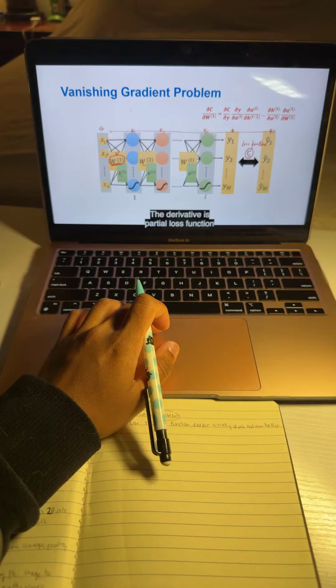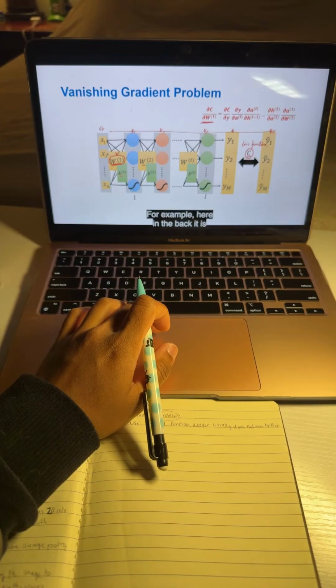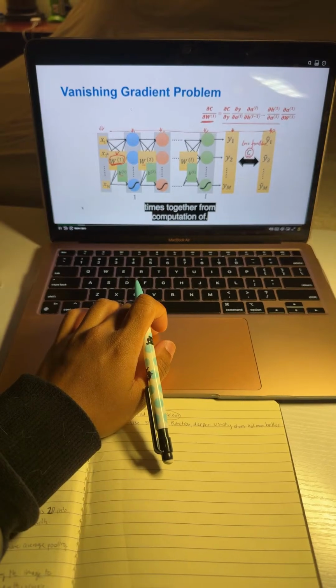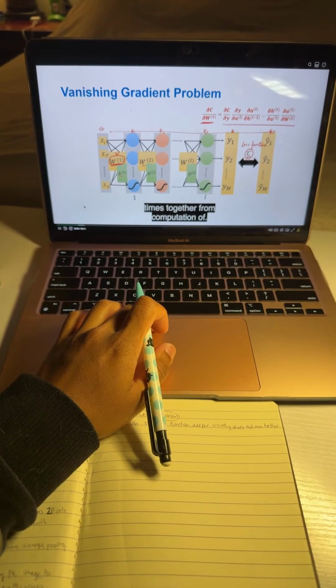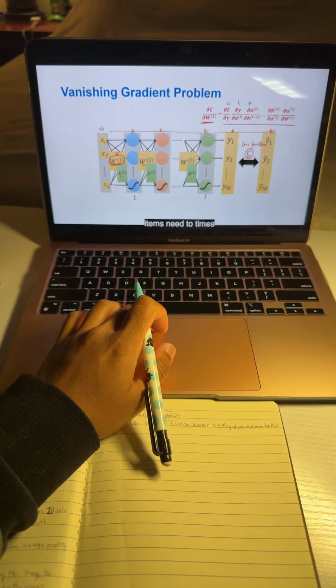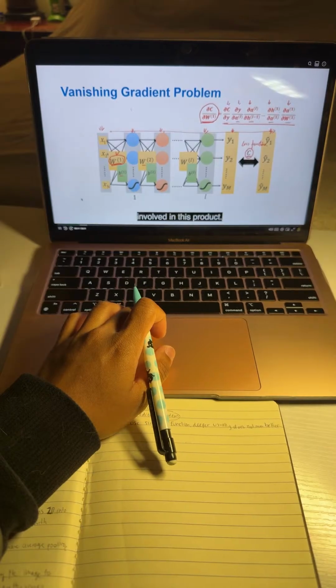The derivative is the partial of the loss function with respect to W1, for example, here. In backpropagation, it is a sequence of items we need to multiply together from the computational graph. Here you see we have a lot of items to multiply in order to get this partial derivative. The more layers we have, the more items are involved in this product.